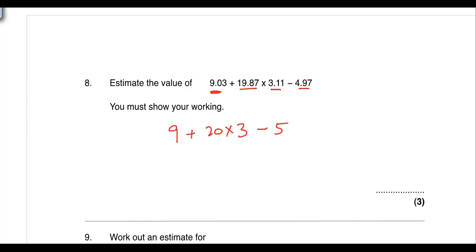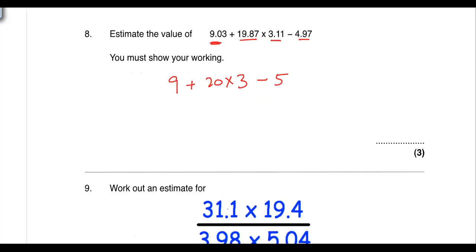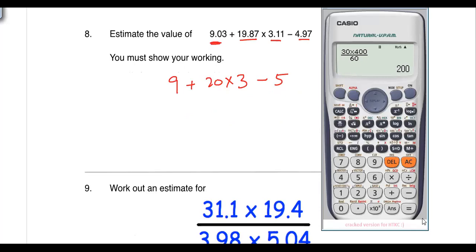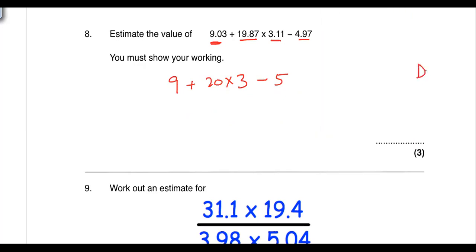All right, now you can just calculate using your calculator. It is the same DMAS rule. If you remember, you have to follow DMAS: first division, multiplication, addition, then subtraction.